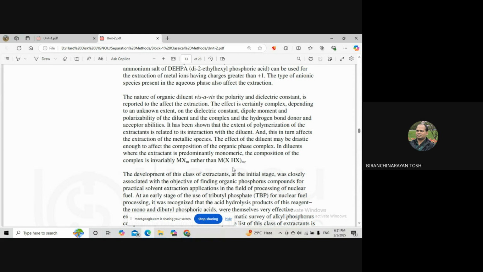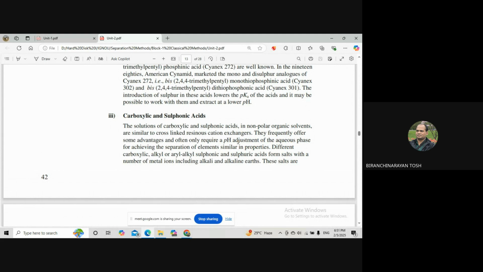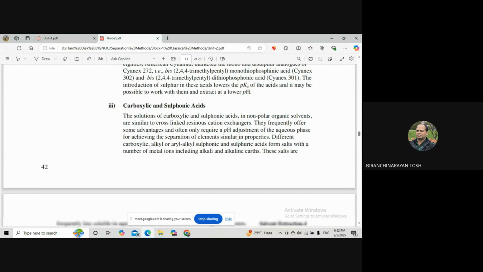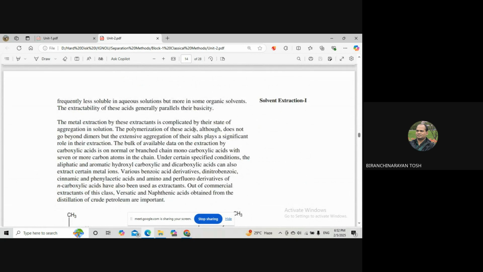Then the carboxylic and sulfonic acids. In this case, the metal extraction is complicated by their state of aggregation in solution.